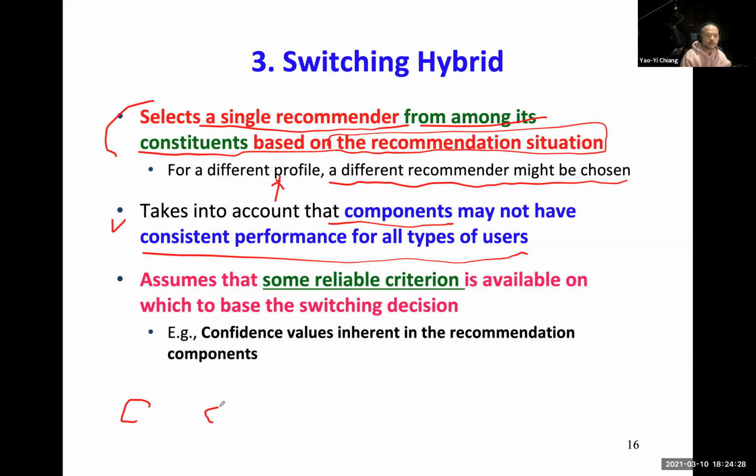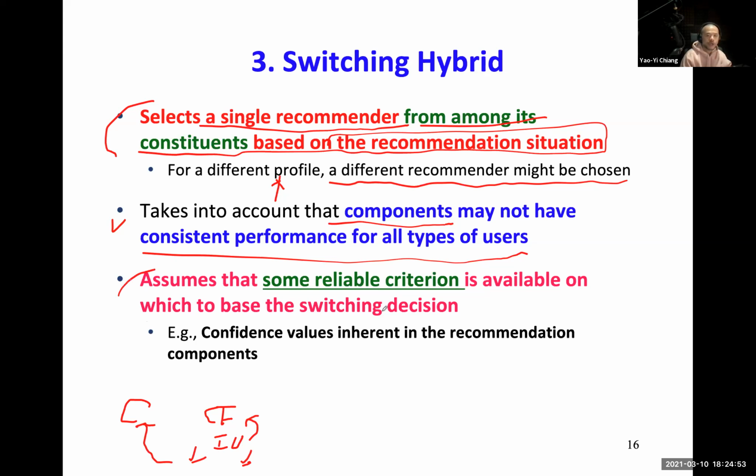And we know that CF-based ones work on items or users when you have many ratings. So if you have items or users that have many ratings, this will be the criteria you can use. You can say, all right, for this case, I will go with the CF-based system. If they don't have many ratings, maybe new items, new users, I'll just go with the content-based system, okay?